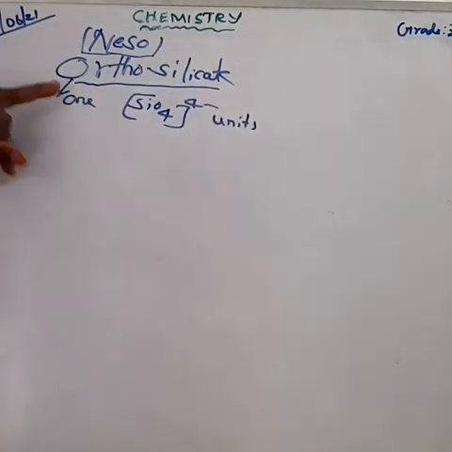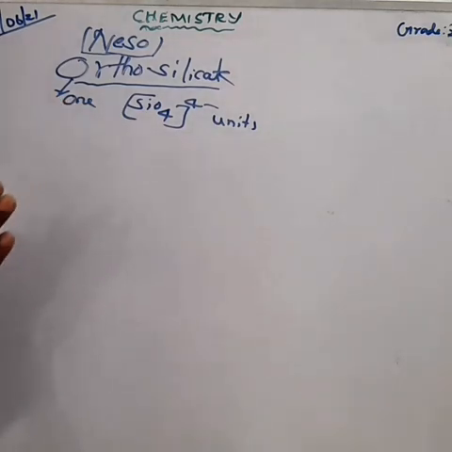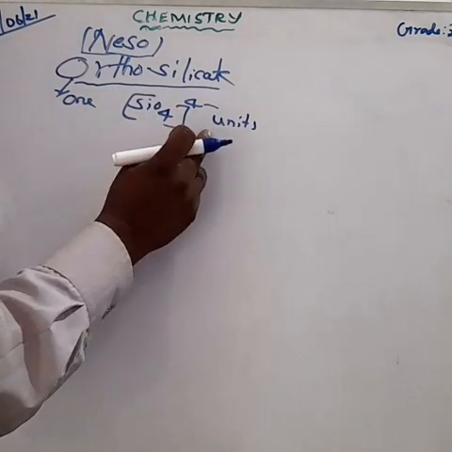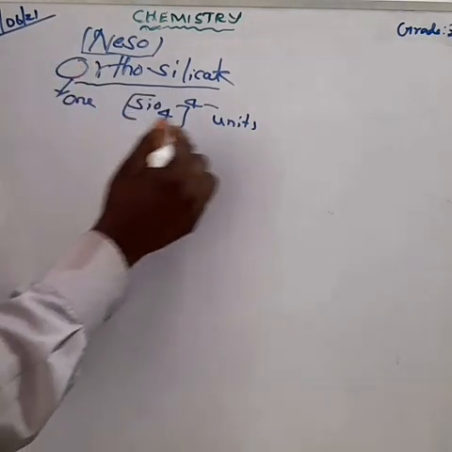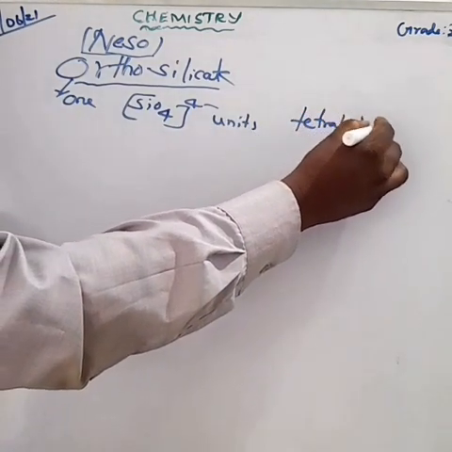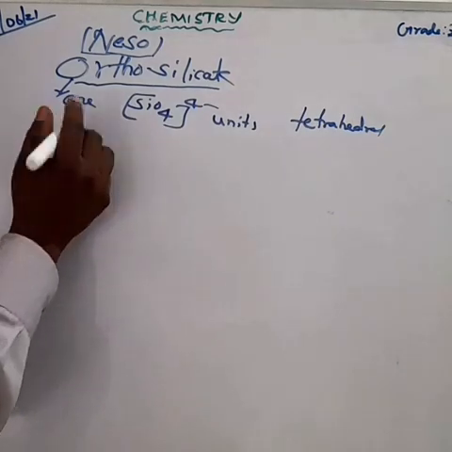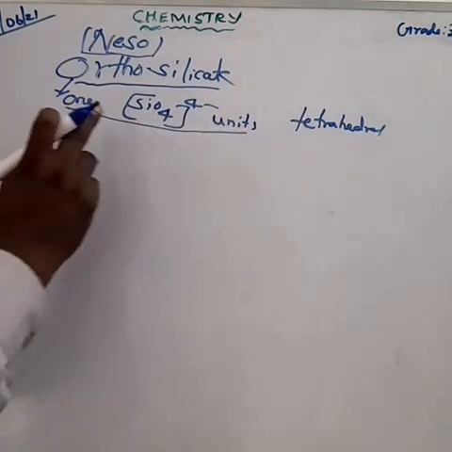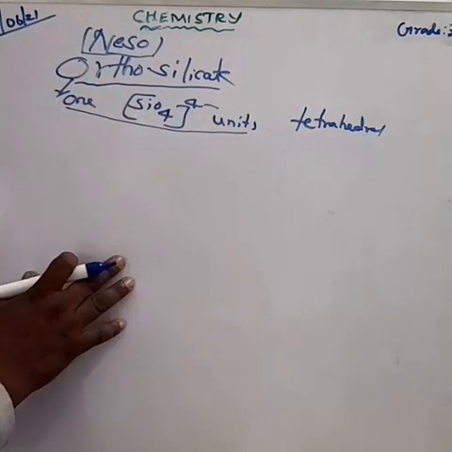Only one, am I right? So this is the simplest silicate, which contains discrete SiO4 4 minus tetrahedral units, called orthosilicate. O refers to it containing one unit having SiO4 4 minus tetrahedral units.